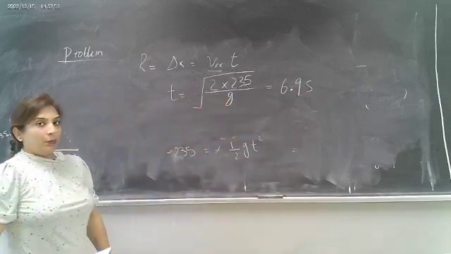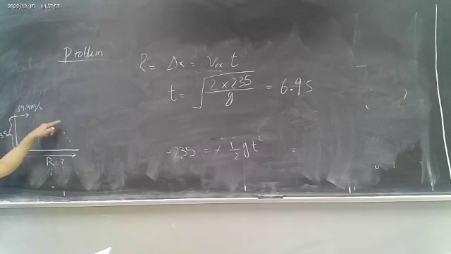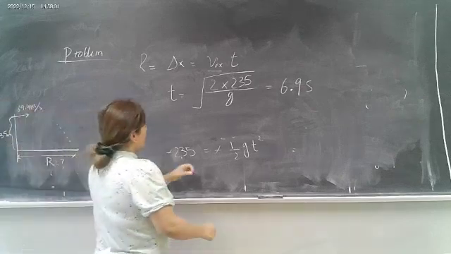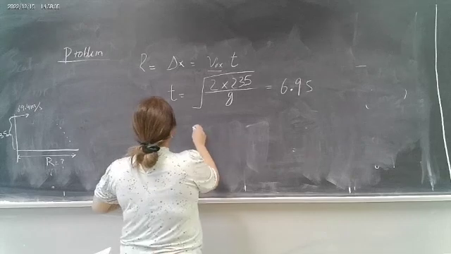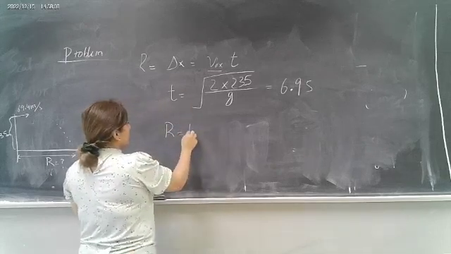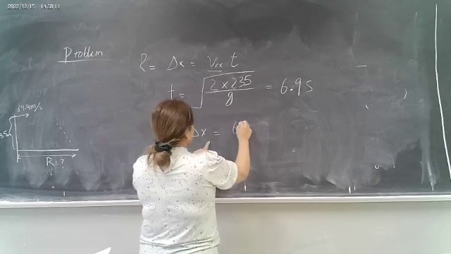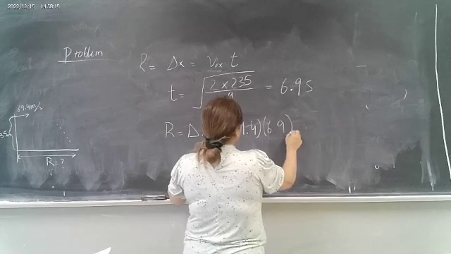Now I have the time of flight. It gives me the time the goods will take to go from here to here. I can use this in my previous equation: delta x equals v naught x, 69.4, times 6.9.